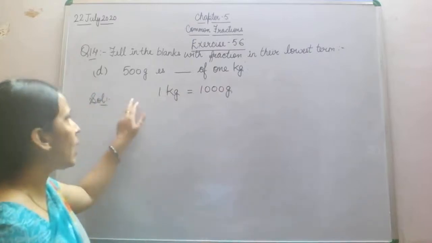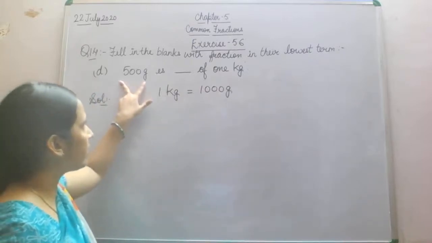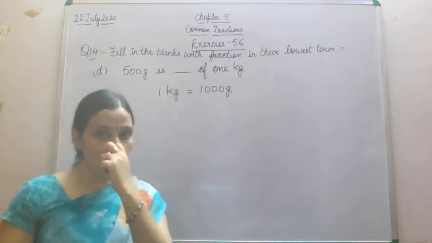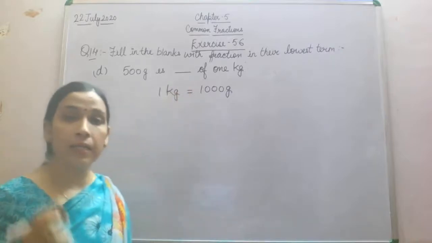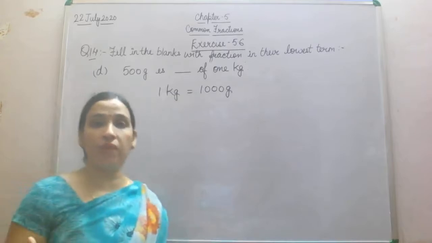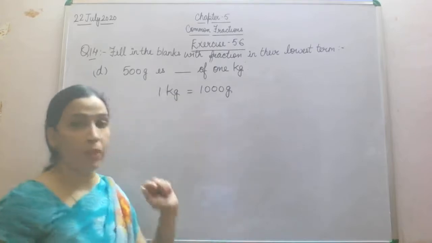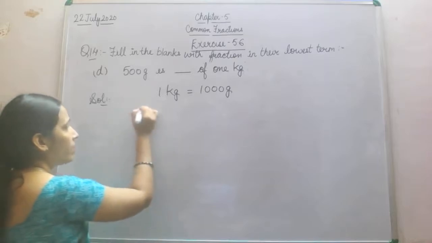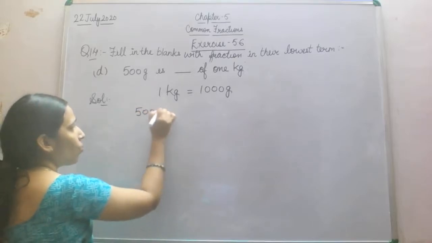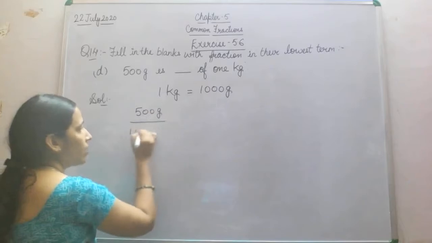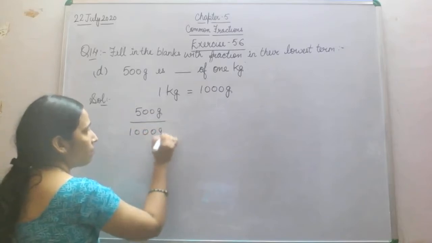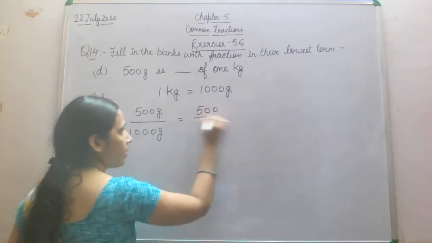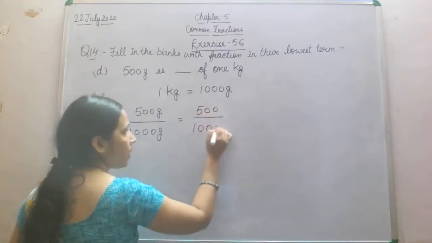So now what is asked here, that 500 gram is what fraction of 1 kg? Or if I say it like that, 500 gram is what fraction of 1000 gram? So what you are supposed to find out is this only. Or you can write it as 500 divided by 1000.